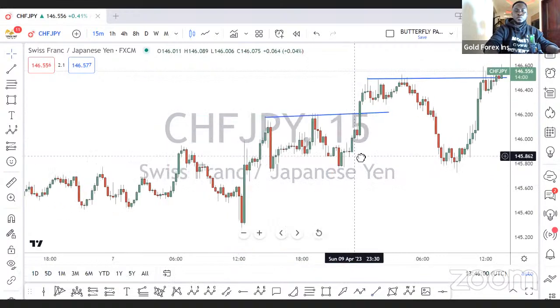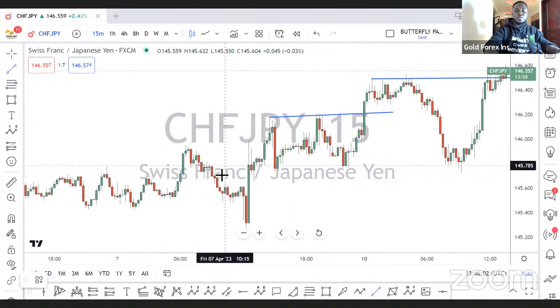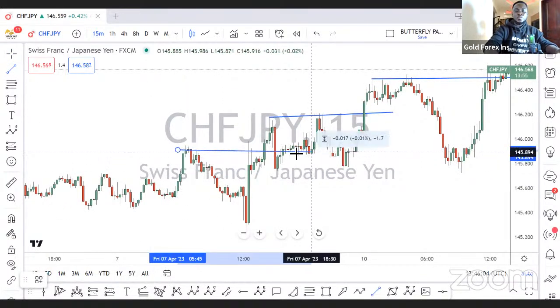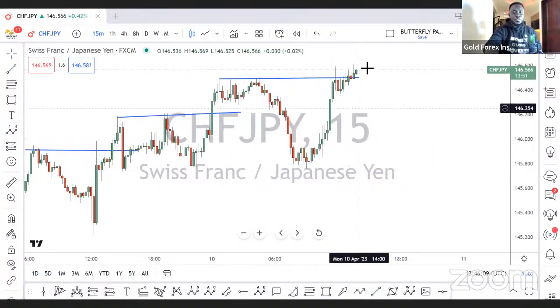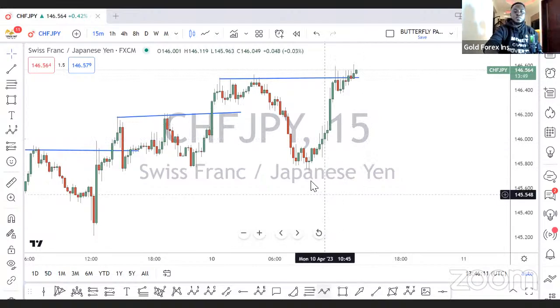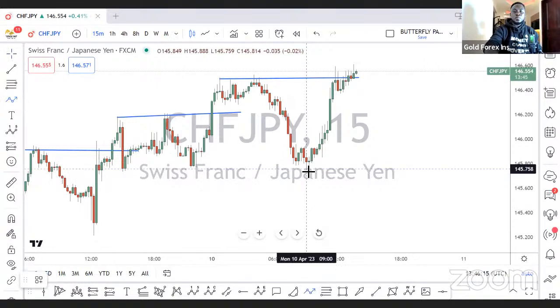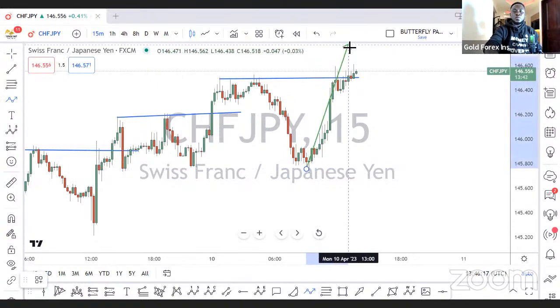You can see over here, once it breaks structure, it moves to the demand zone. So you want to see it break structure, you want to see it break structure again and move back to the demand zone, then you can join the buy.